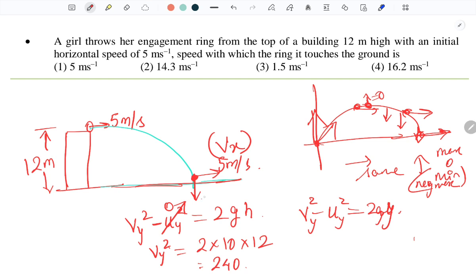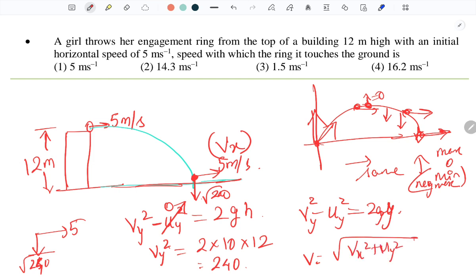We have got Vy square, so Vy is root of 240. So the horizontal component is 5 and the vertical component is root 240. We need V. V is equal to root of Vx square plus Vy square.